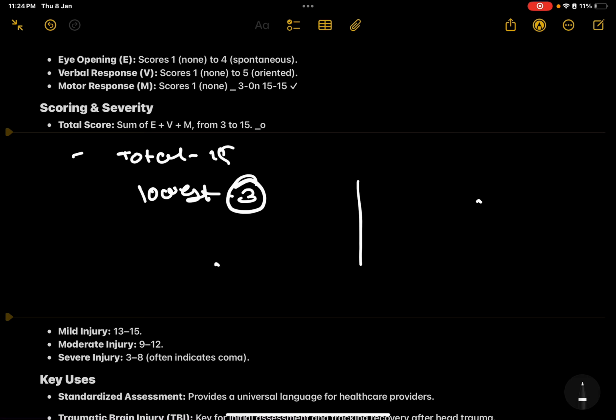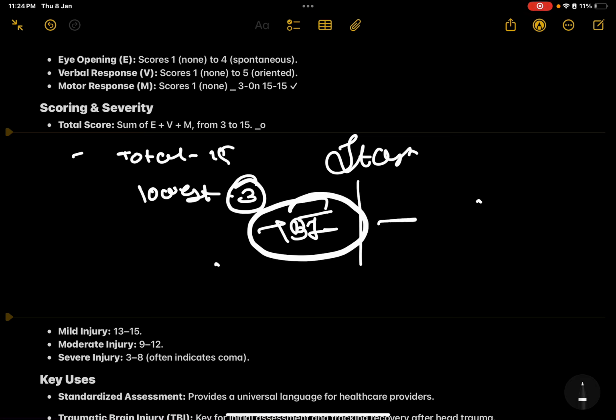Now the key point is that GCS is a standardized assessment, and we also use it in traumatic brain injury. It is standardized, so wherever you go, Africa, Russia, you will find the GCS scale the same.